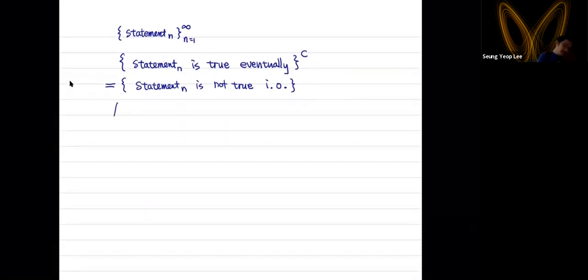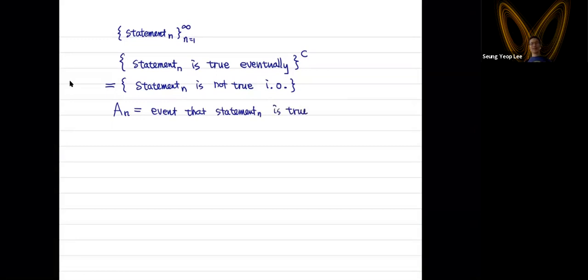Okay, actually, this is not the most typical way to describe these things. So let's define An to be the event that statement n is true.